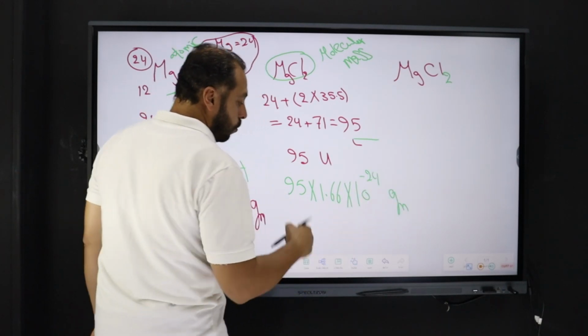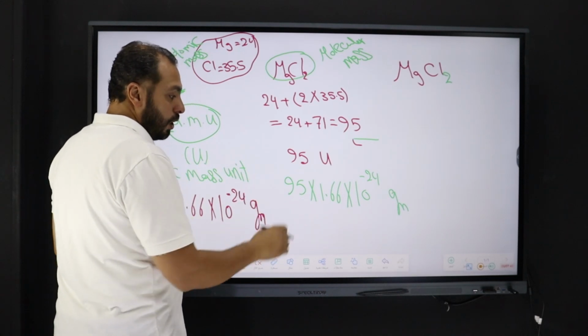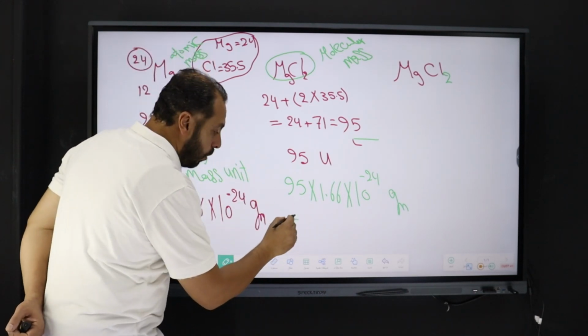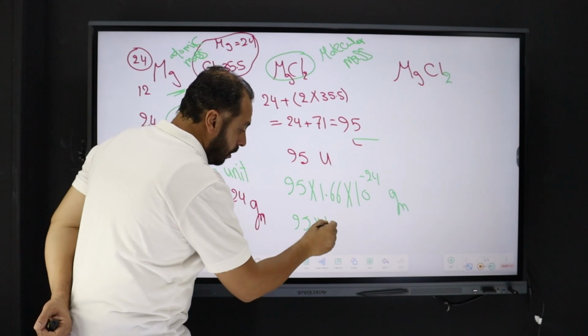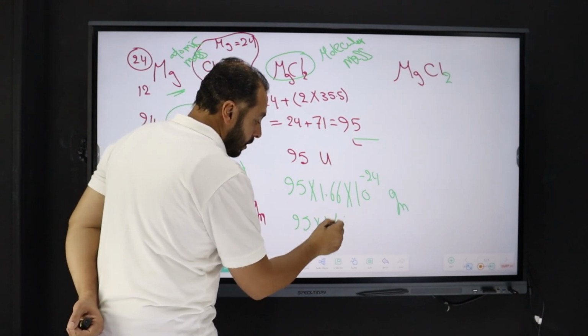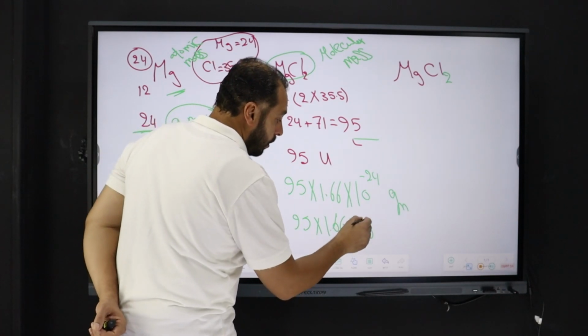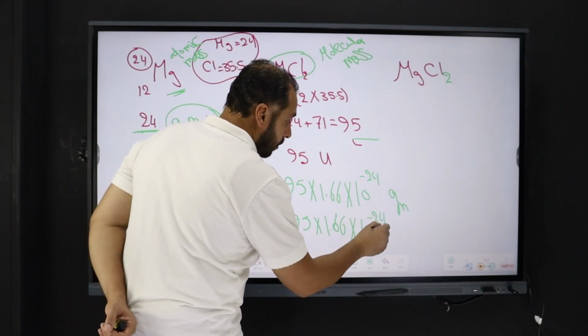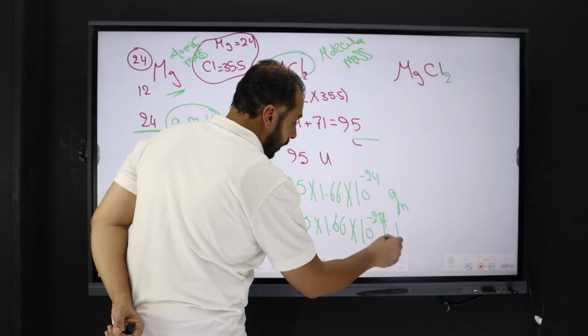If I want to know this in kilogram, so equal 95 times 1.66 times 10 power negative 27 kilogram.